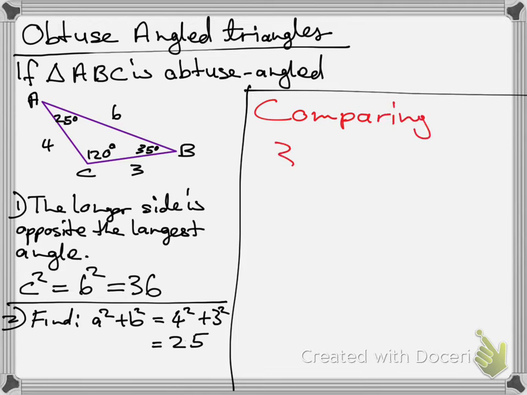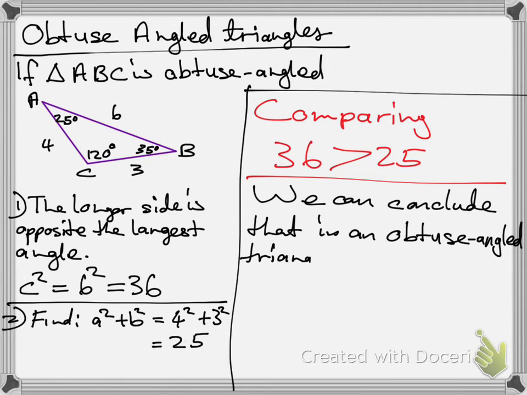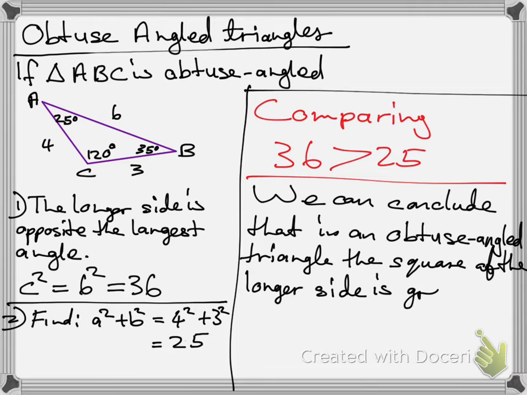Now, if we compare the two, we can see that the square of the longer side is greater than the sum of the squares of the two shorter sides. So we can conclude that in an obtuse angled triangle, the square of the longer side is greater than the sum of the squares of the other two shorter sides.